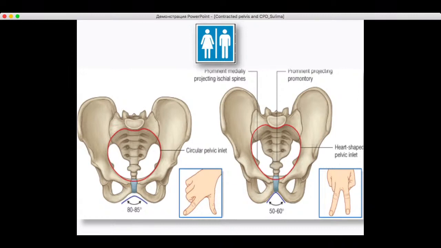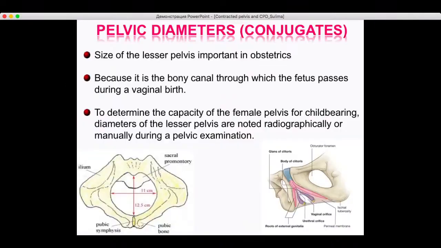In case of a contracted android pelvis, you can see the heart-shaped pelvic inlet and an acute angle of pubic symphysis that is equal to 50 or 60 degrees.